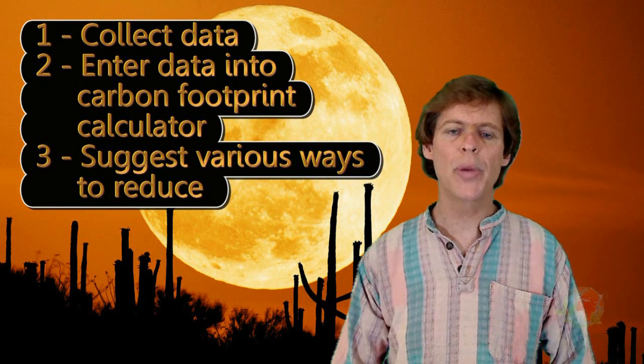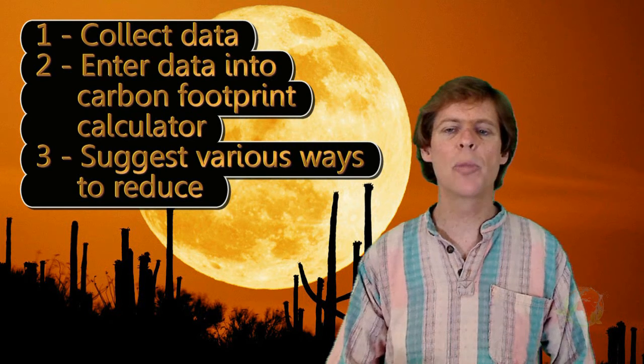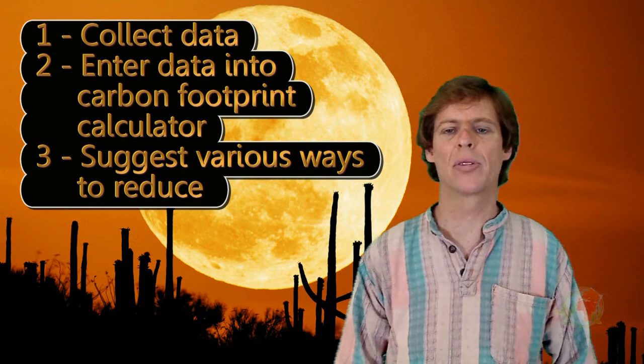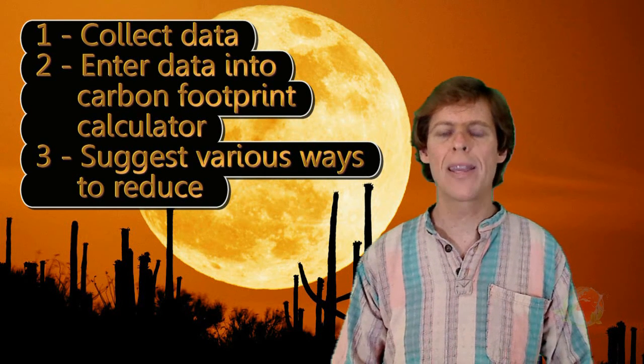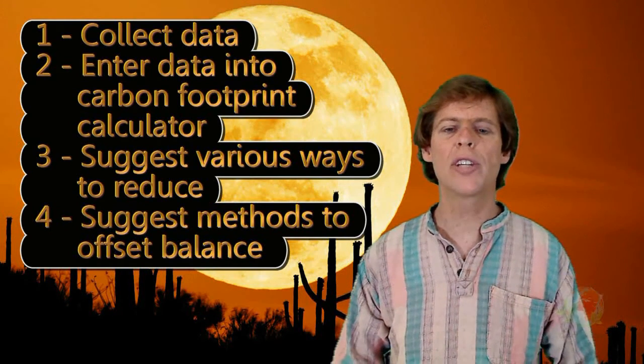In step 2, you enter the data into the carbon footprint calculator on our website. For step 3, once you have the amount of carbon equivalent tons being used, suggest to them the various ways to reduce this amount so that they can see very clearly the changes needed to make the necessary reductions. And lastly, in step 4, suggest to them methods to offset the balance.